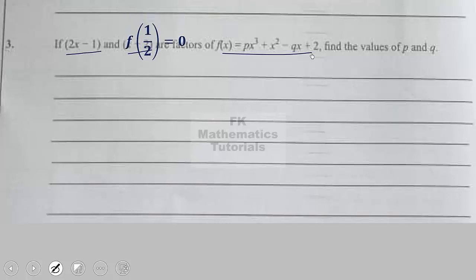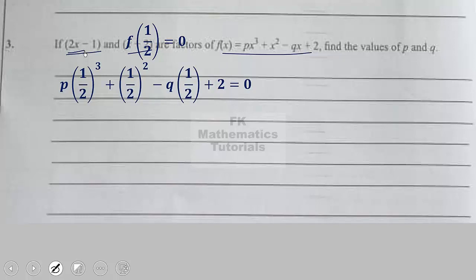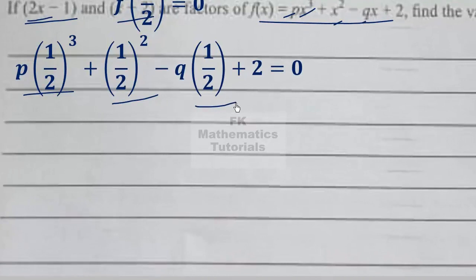So for 2x minus 1, we have f of half to be equal to 0, since that is a factor. So we put half everywhere we see x in this function, and that will give us this result, as we can see.